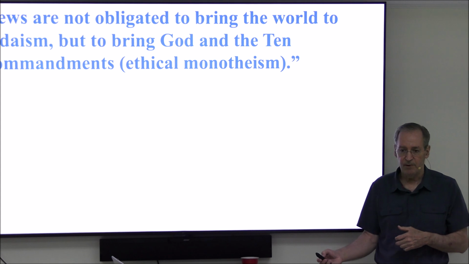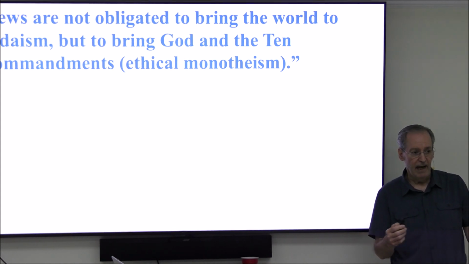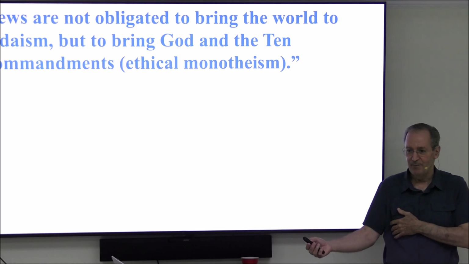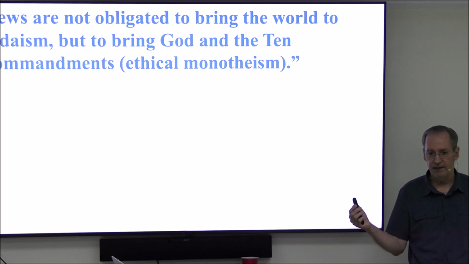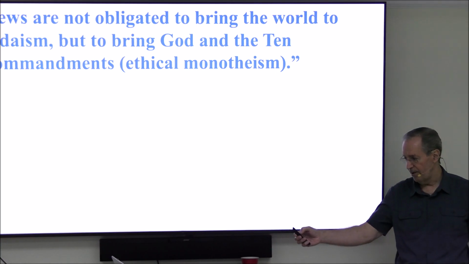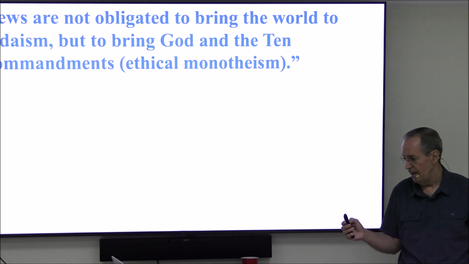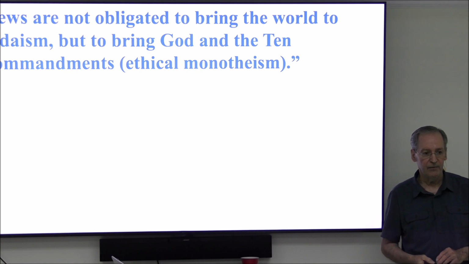Nowhere in there does it tell them to proselytize other people and bring people into their kingdom and make them Jews, which you could do, and people could become Jews. But what the Jewish people in general say is that's not what we're called for. This is our purpose here. We're obligated to bring the world not to Judaism, but to bring the 10 Commandments and ethical monotheism.